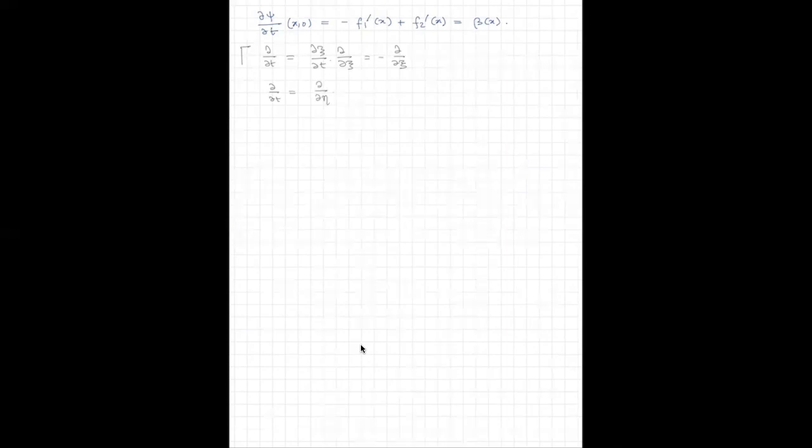You remember that xi is x minus t and eta is x plus t.